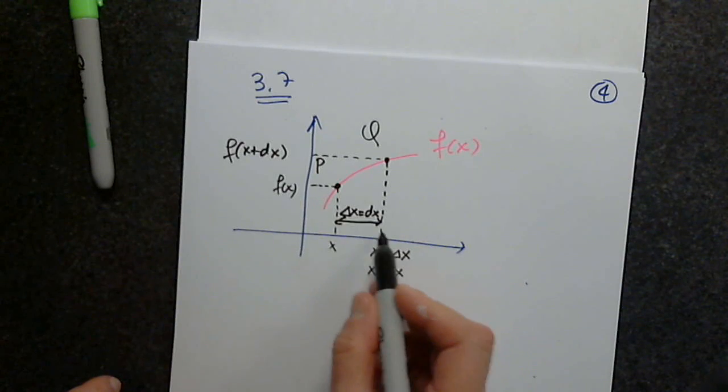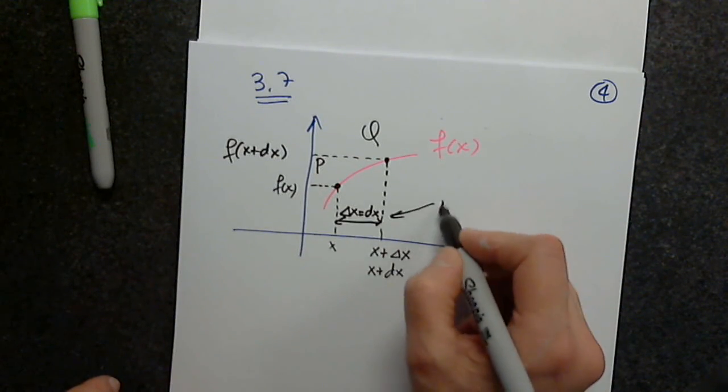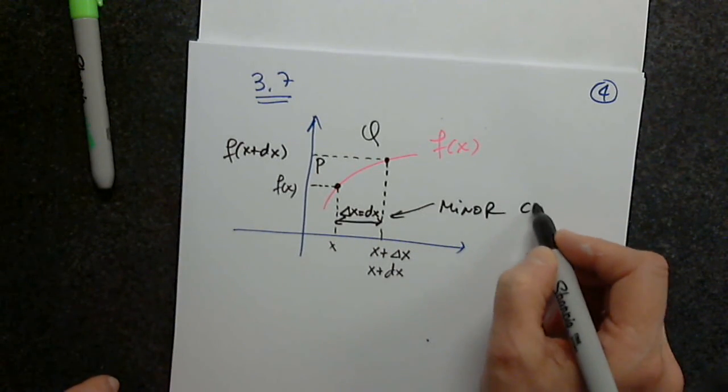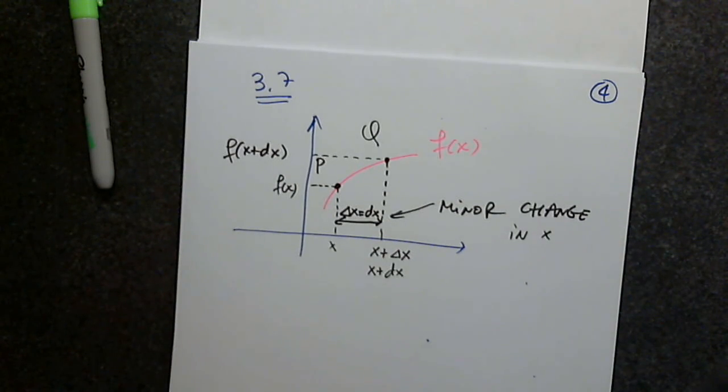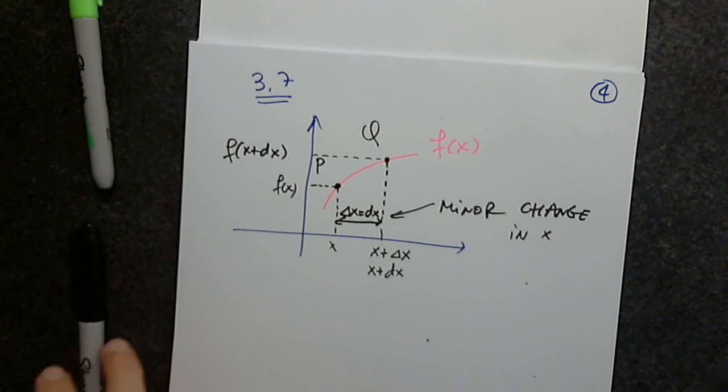Of course, this is a minor change in x. In other words, I'm telling you P and Q are quite close. Derek, you had a question? Okay, so P and Q are quite close.